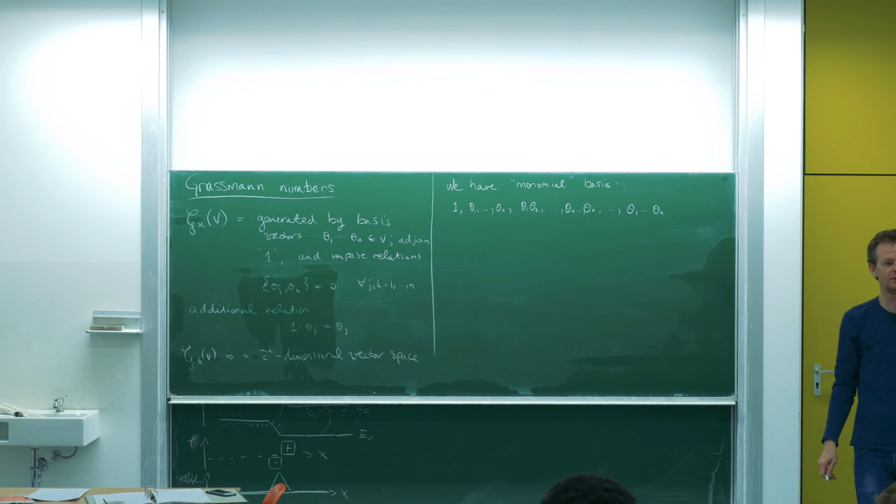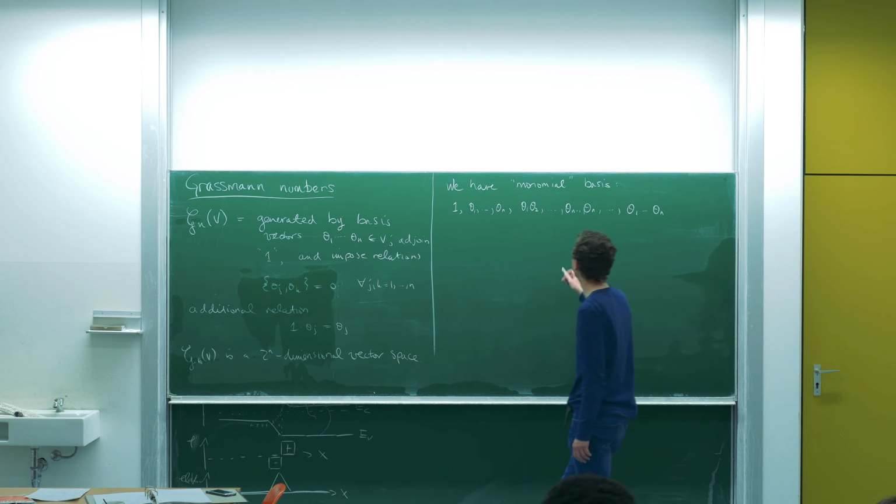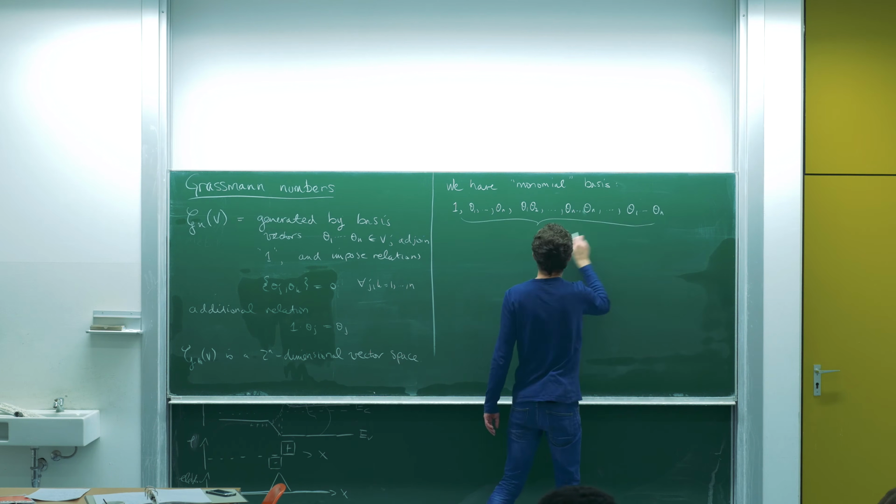It's a pretty simple argument that these are the only vectors that can appear in a basis, that if you had a bigger basis, one of these monomials would have to be 0. So there's 2 to the n of these.